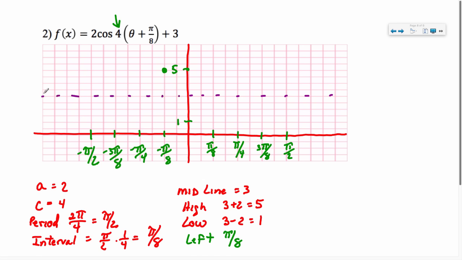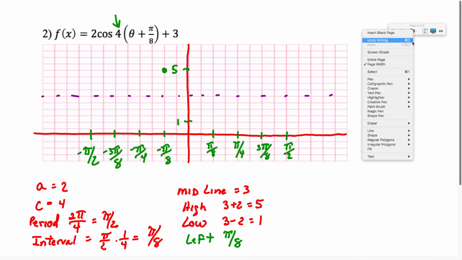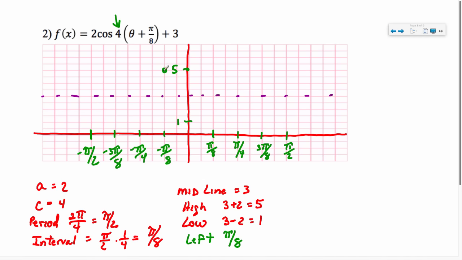Cool. So if we're starting over here now, let's go back to green. If we're starting here, we're going to head down to the first interval at our midline, second interval at our minimum, third interval back to the midline, fourth over to the maximum.